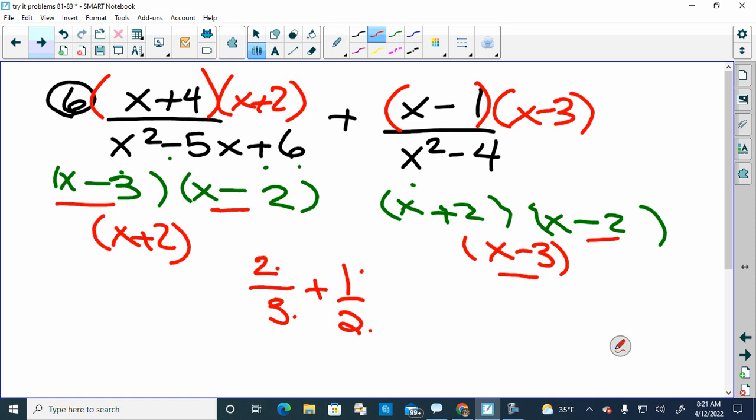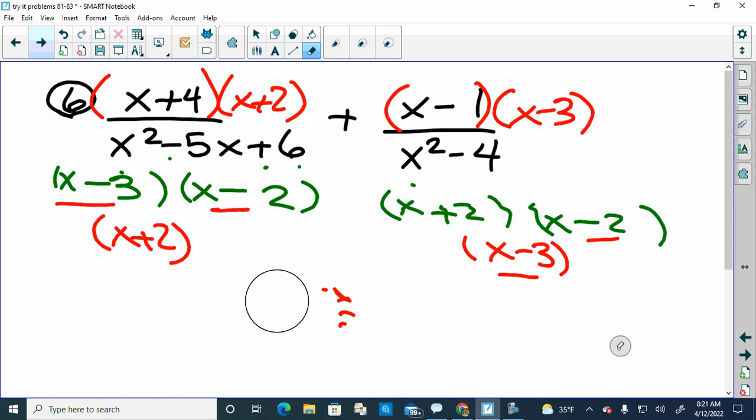Multiplied here. We simplified this before you add them together, okay? So same thing here, you've got to simplify this numerator before you combine the two, okay? It's the same order as what you do with regular fractions, okay?